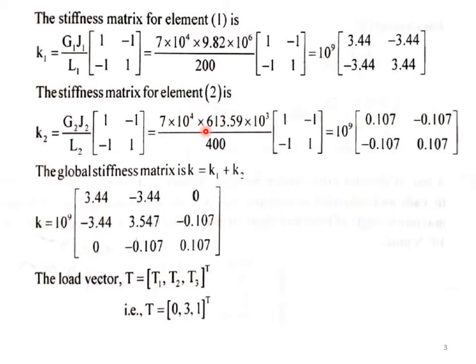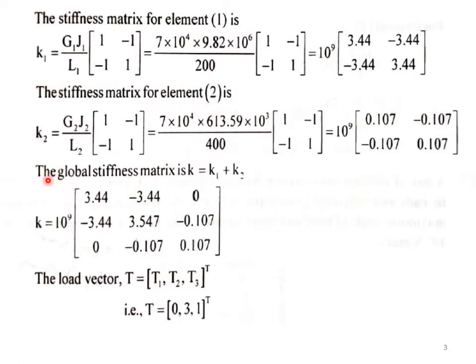Upon solving for J2, we get 613.59 into 10 to the power of 3, divided by the length of element 2, which is 400 mm, times [1 minus 1; minus 1 1]. This gives 10 to the power of 9 times [0.107 minus 0.107; minus 0.107 0.107]. So this is the stiffness matrix K1 and this is the stiffness matrix K2.